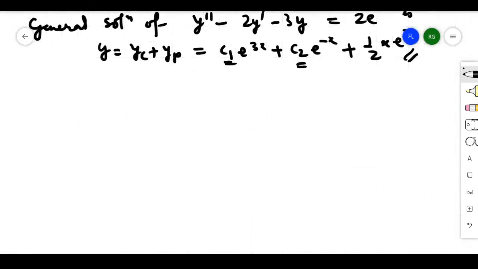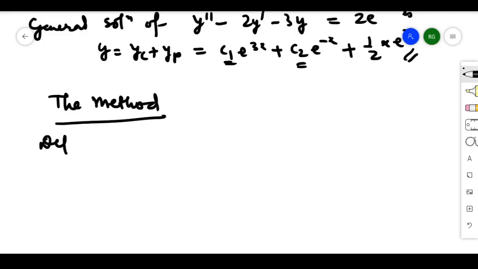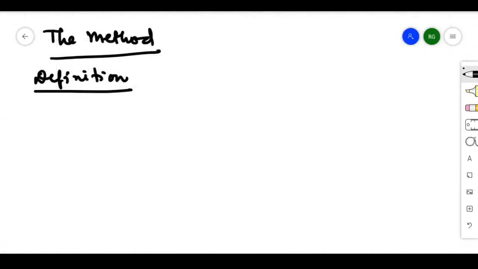Now let us discuss the method of undetermined coefficients. And before we discuss the method, we define some terms. So let us first define UC function.